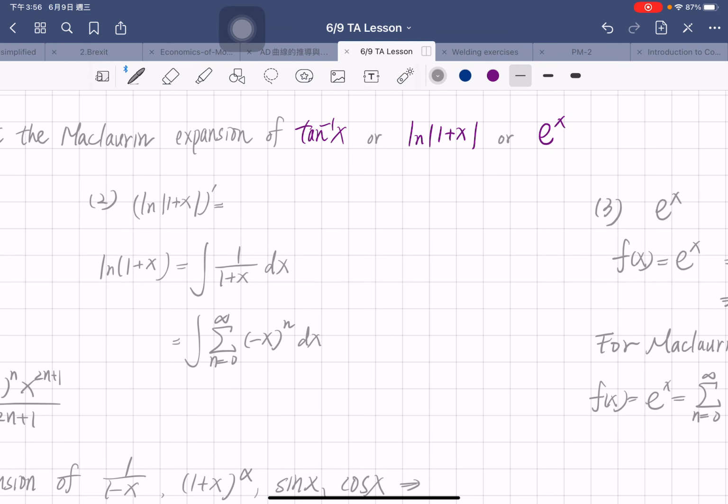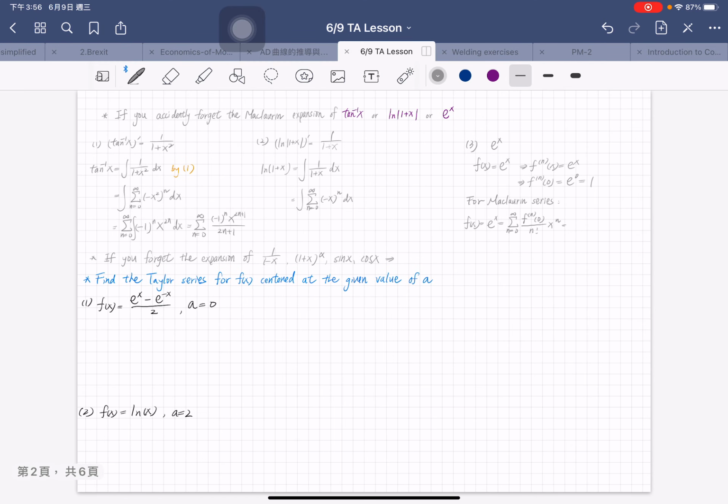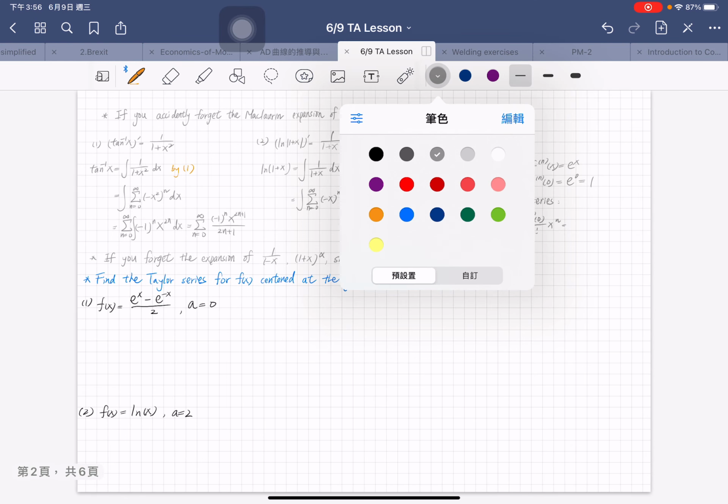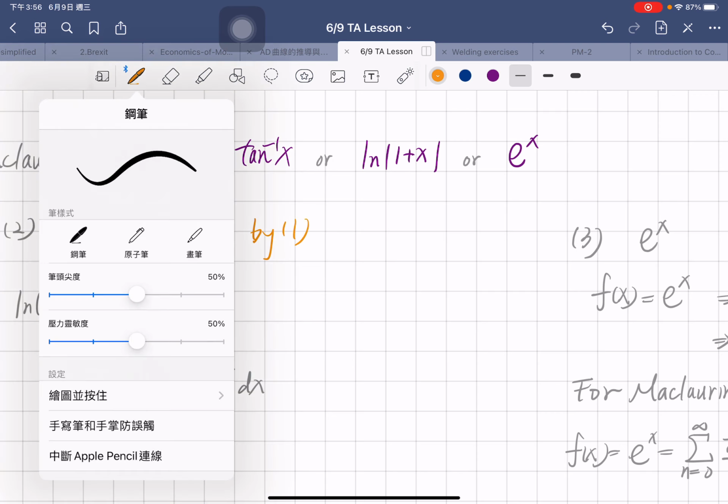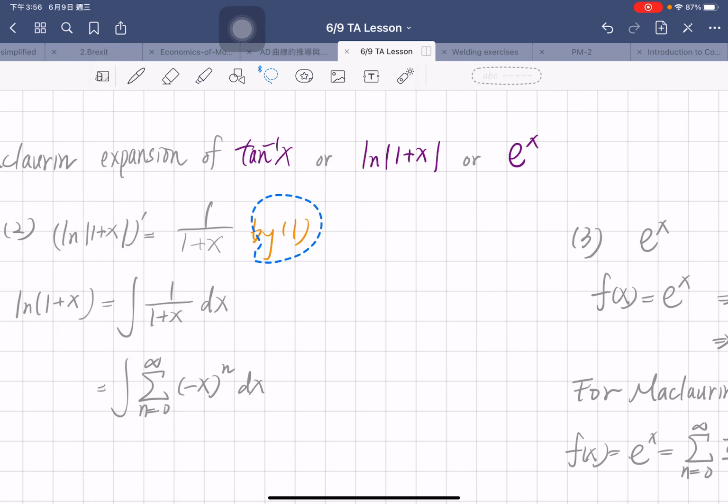Okay, so the second one is natural log. When you forget it, you can recall that the differentiation of the natural log of 1 plus x is 1 over 1 plus x. So similarly, we can integrate it, and we also use the first one.